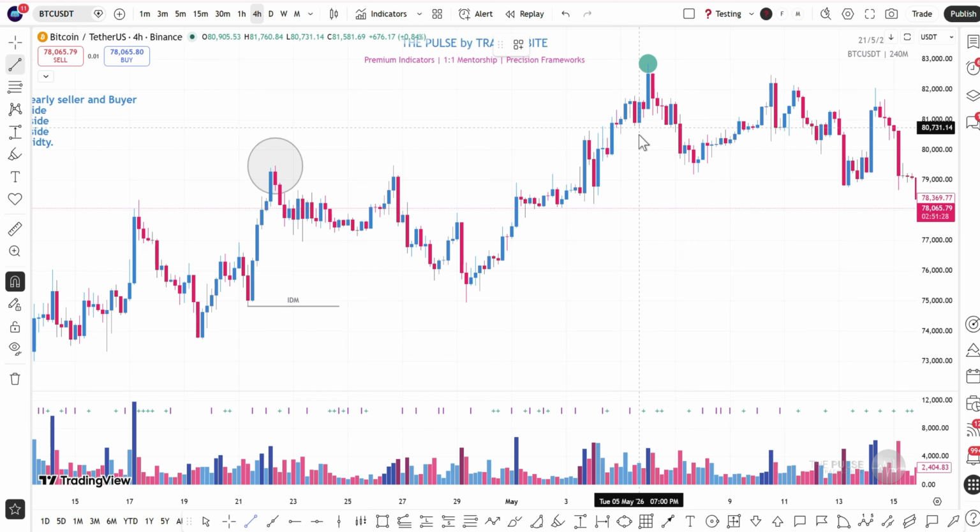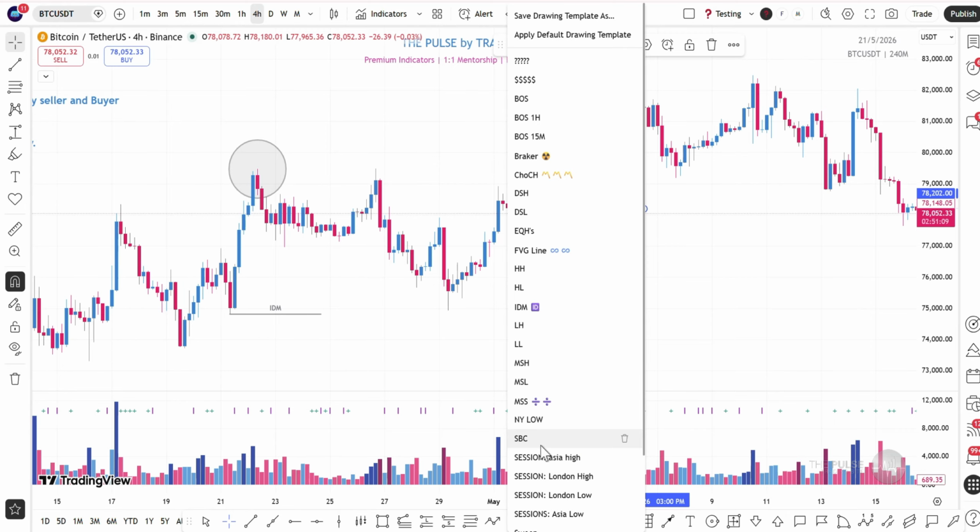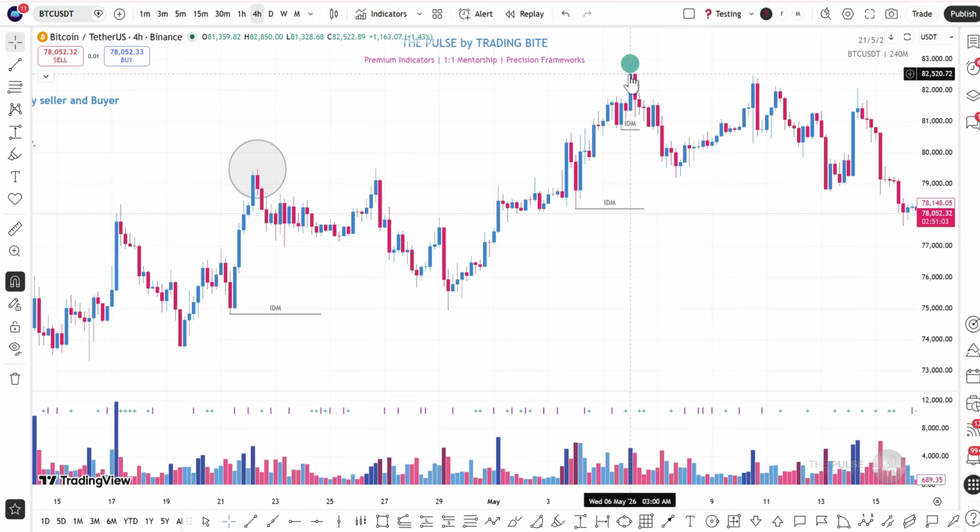This is our immediate inducement that we'll mark. And after that, our next valid inducement would be this one. This is our highest point, and the next candle is a red one, but this one is the low one. So this is our valid IDM, and the next IDM would be this one.